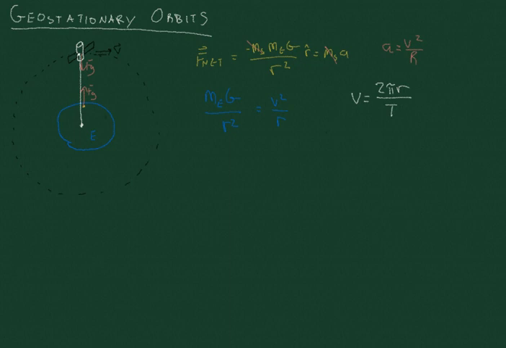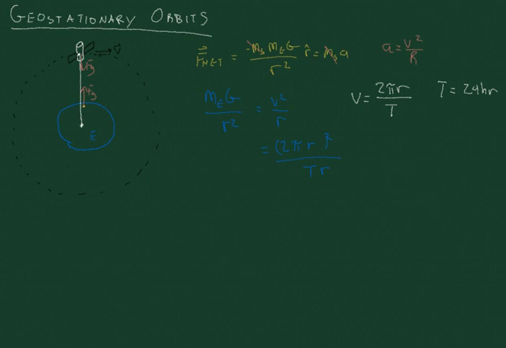Well, we know the period of the Earth going around in a day is 24 hours. So we can write that the acceleration is 4 pi squared r squared over the period squared times r.